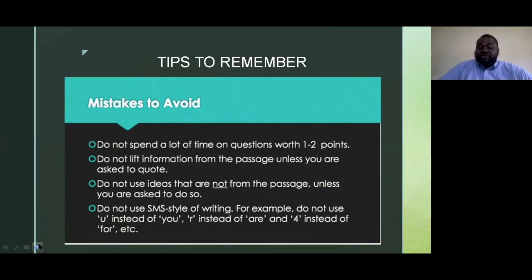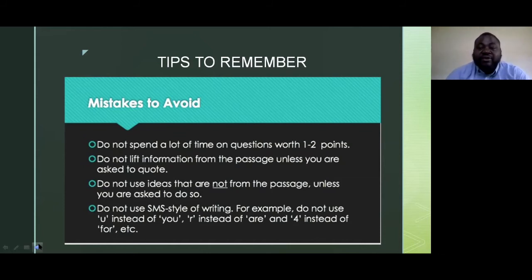This is very important to note. Do not use ideas that are not from the passage unless you are asked to do so. Only in paper 4 are you allowed to introduce one idea of your own. But the idea that you introduce must be relevant, or it must associate with the ideas presented in the passage.